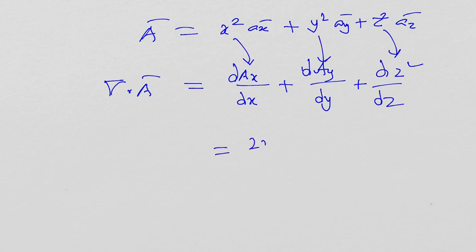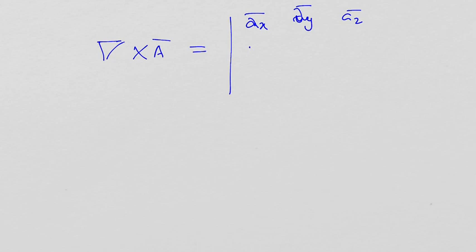So this will become 2x plus 2y plus 2z. Yes, but if you perform del cross A, it is simply the ax, ay and az unit vectors, dou by dou x, dou by dou y, dou by dou z of x square, y square and z square.